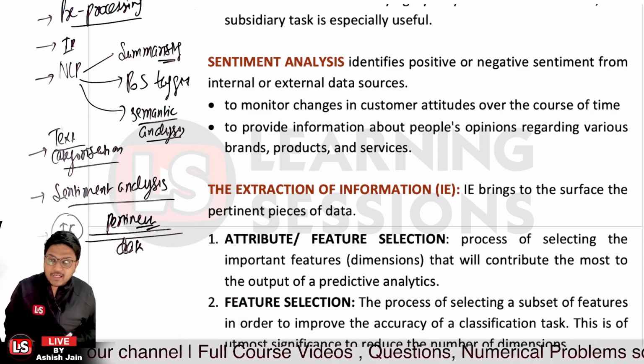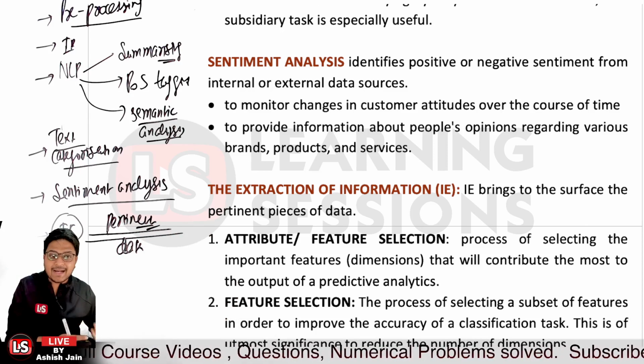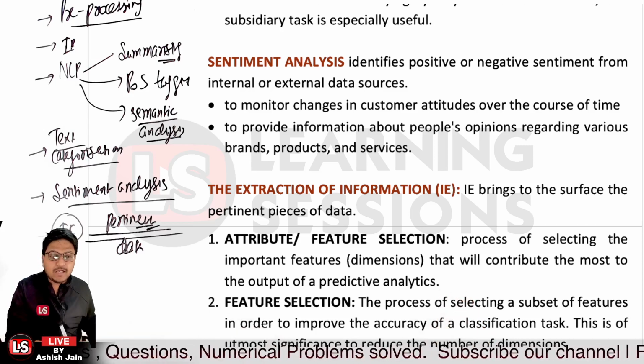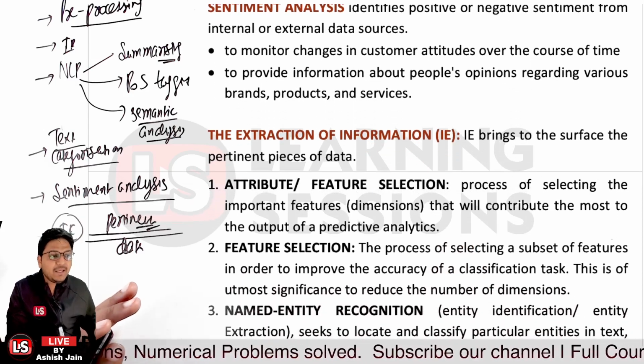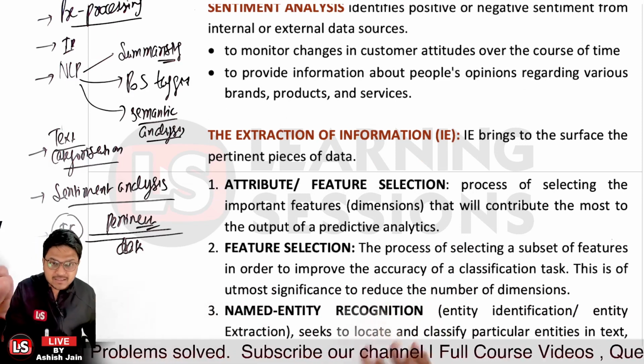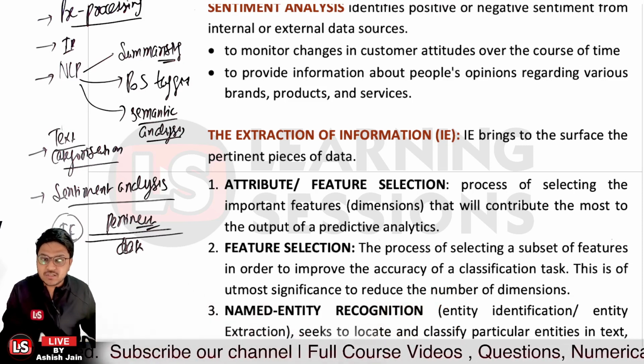And it may be related to attribute or feature selection, where you select the most important attribute from the data by using predictive analysis, okay? And further, it could be related to feature selection, based upon a subset of the features, so as to improve the accuracy of the classification task, where you look for significance so as to reduce the number of dimensions, right?